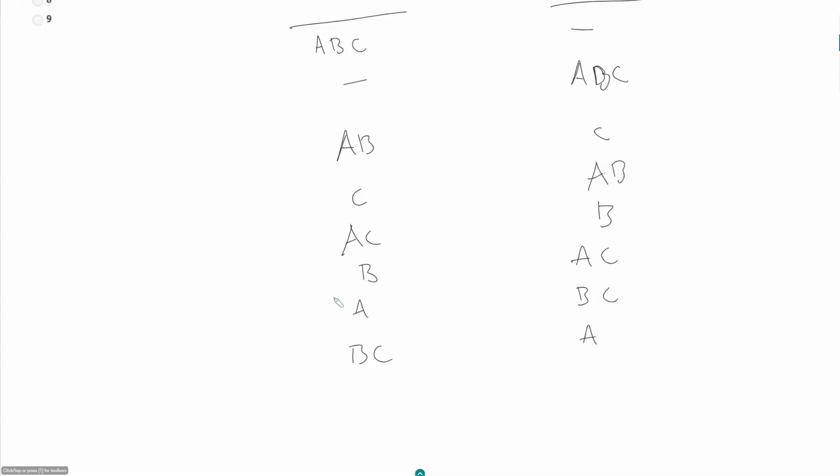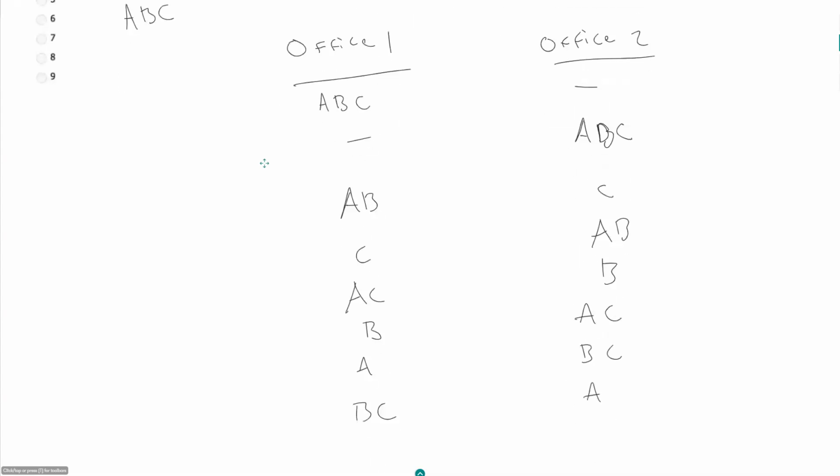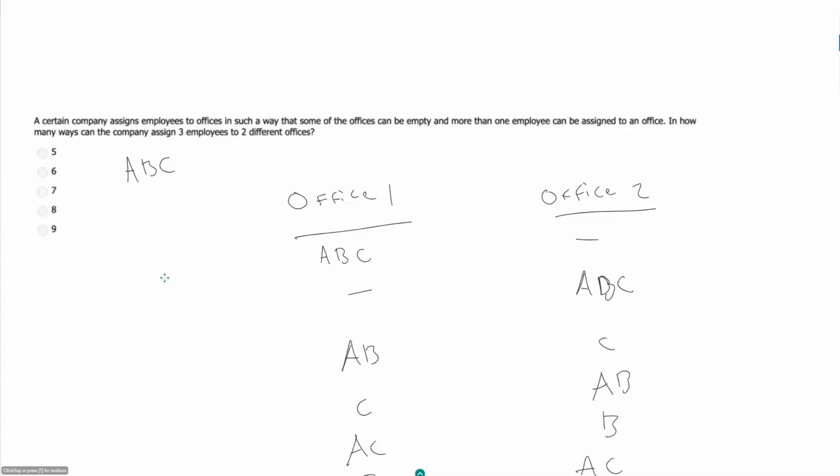We get all the different ways 2 people can be in office 1: AB, AC, BC. We get all the different ways 1 person can be in office 1. And then we get all the ways all 3 people. So this should be it. 1, 2, 3, 4, 5, 6, 7, 8. So that's probably how I would just count.